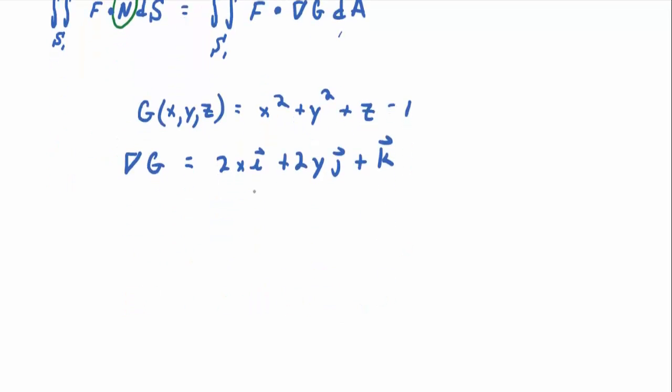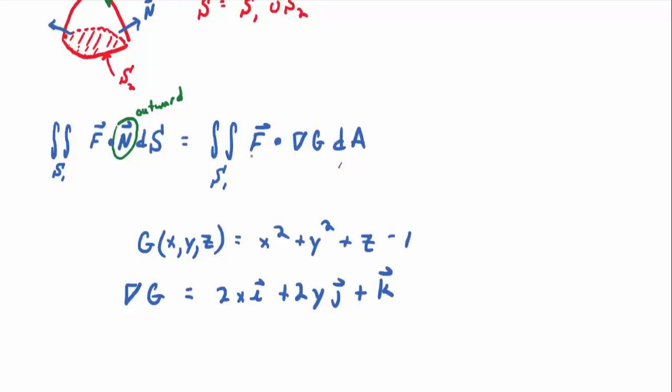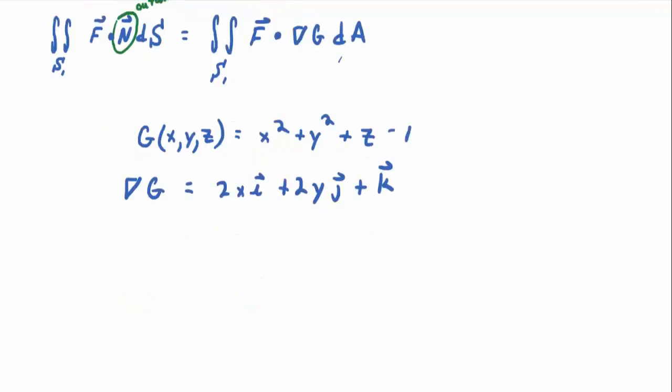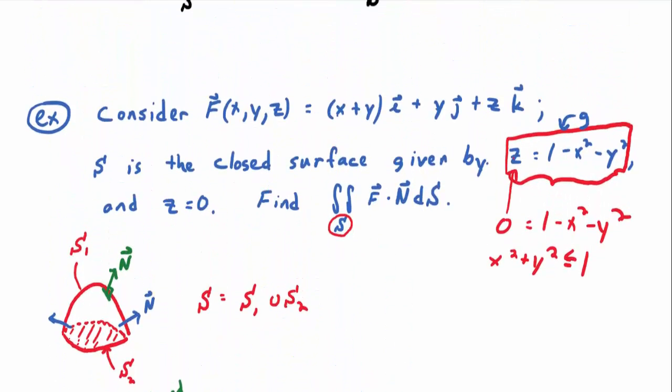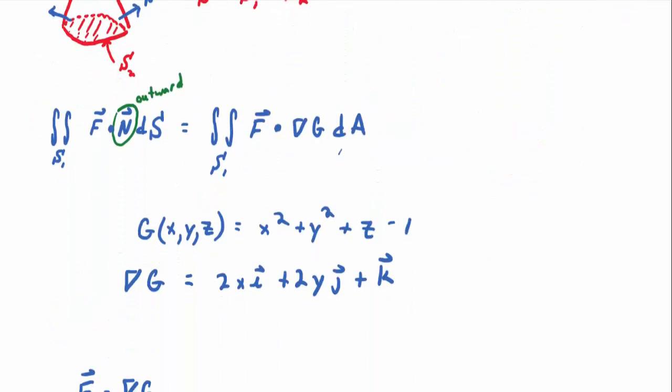And then now let the formula guide you. You want to take f, the vector field f, dot del G. Okay, let me remind you what f is, because it's way up here. Let me grab a copy of f and put it down here.